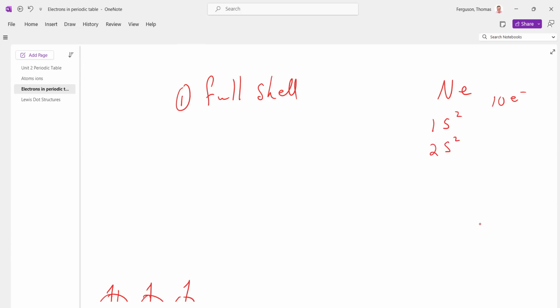We continue filling these now until we run out of electrons. Shell 2, subshell S, 2 electrons. And then we have the P subshell, still in shell number 2. So remember, the shell is made up of subshells, except for shell 1. That is both a full shell and a full subshell as well.